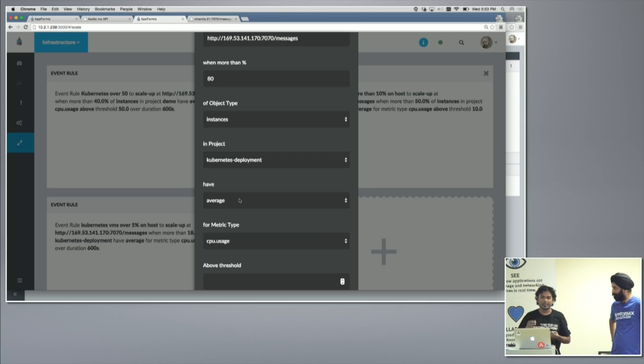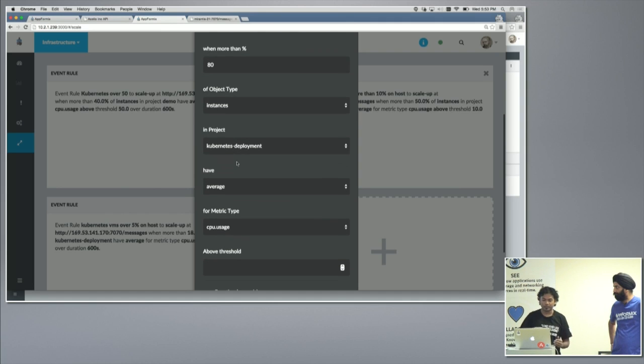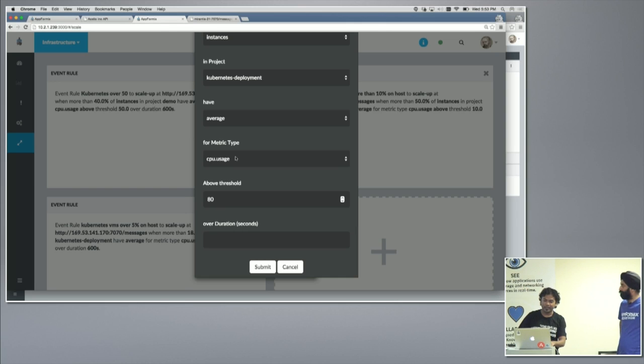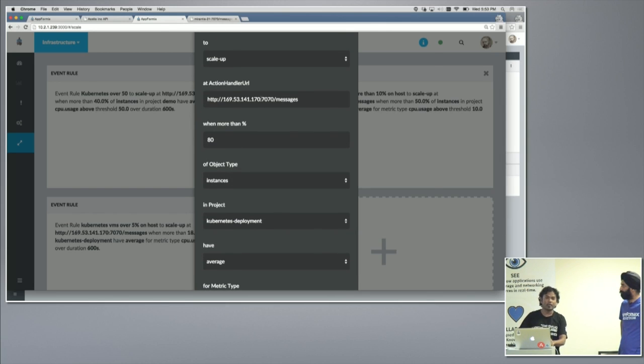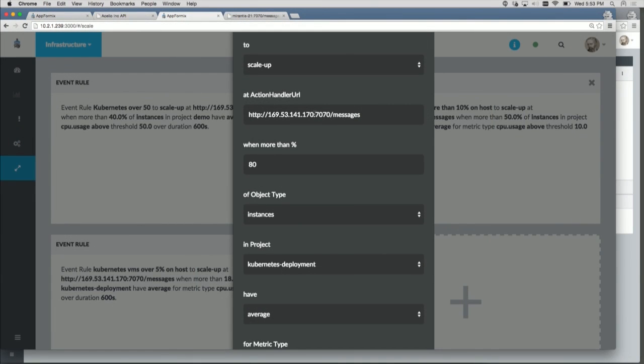So this capability is allowing aggregates of that, so aggregates of instances in a project or applications in a project, to configure a threshold for a metric. Like when 80% of my instances in a project called Kubernetes deployment have average CPU usage over 80%, I'm going to generate a message which is going to be handled by this endpoint, which is pluggable.